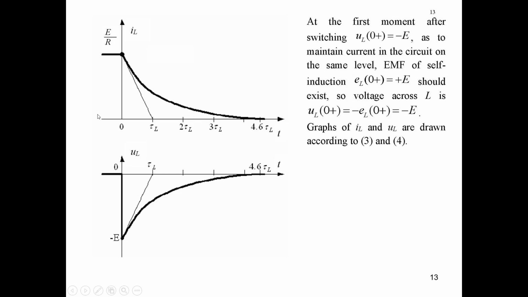You see here that current through inductance changes smoothly at the moment of commutation, but voltage drop changes abruptly to provide this smooth changing of current.